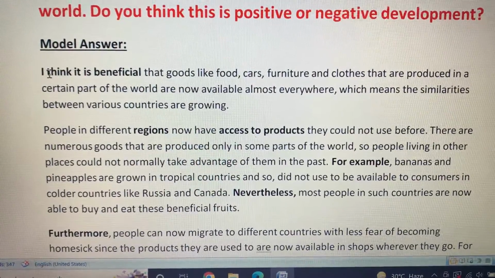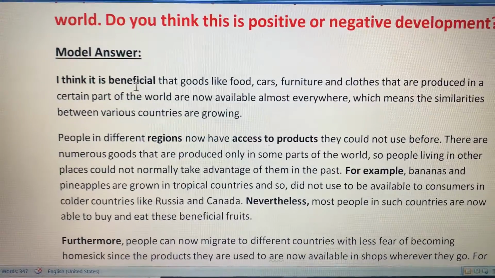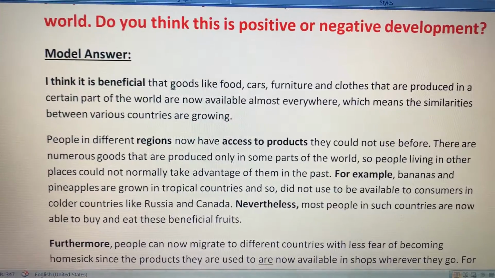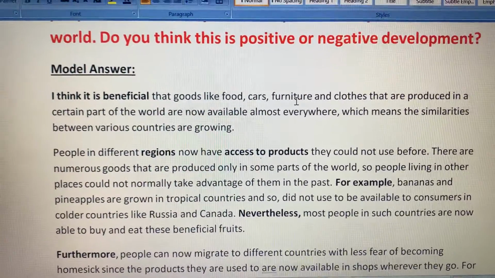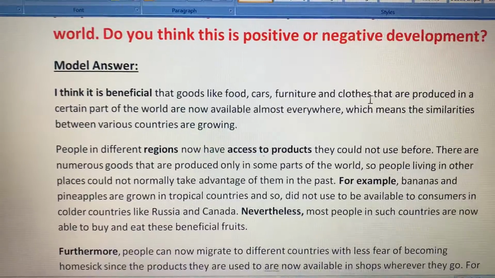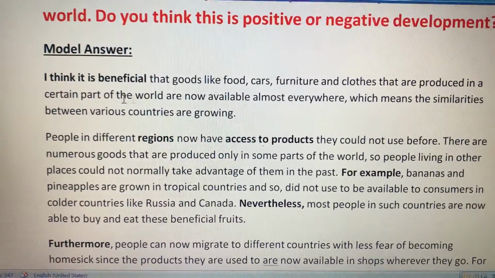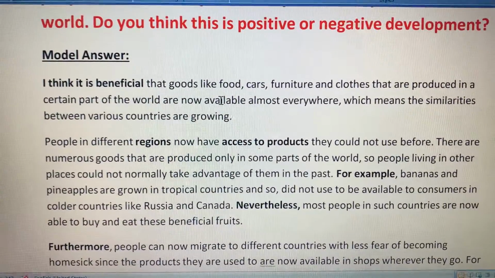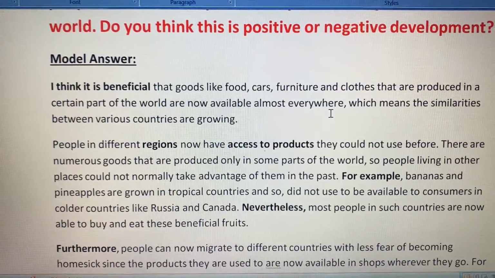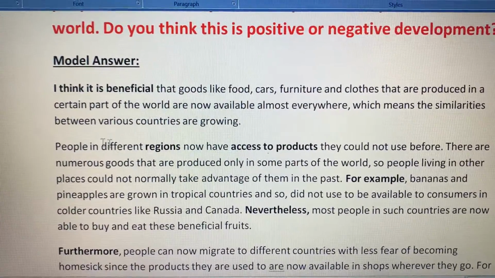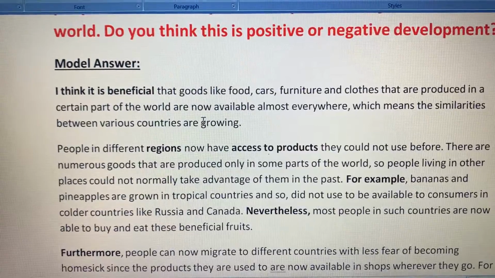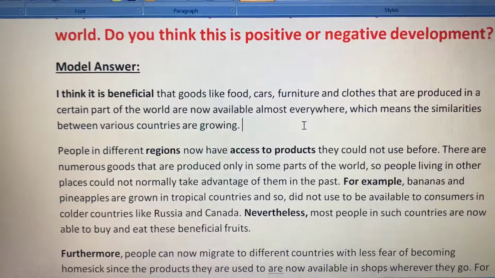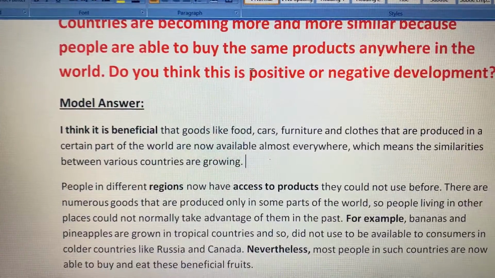So in the first line, I make clear that I think it's beneficial that goods like food, cars, furniture and clothes that are produced in a certain part of the world are now available almost everywhere, which means the similarities between various countries are growing. Okay, so I take the side of positive development.